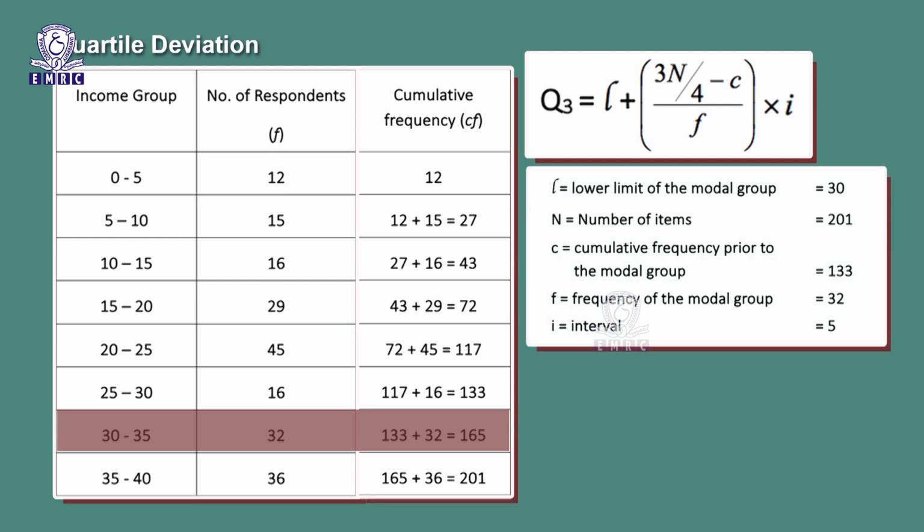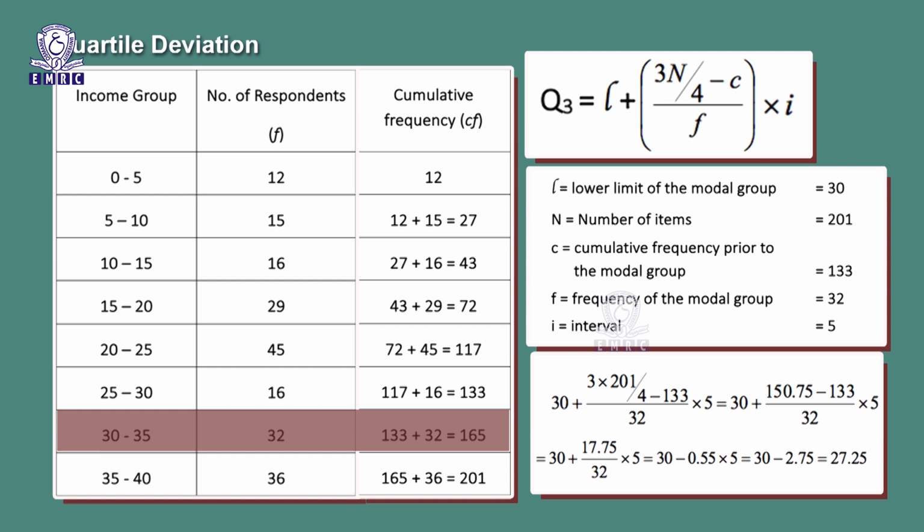where L is equal to lower limit of the model group, which is 30, N is equal to number of items, which is 201, C is equal to cumulative frequency prior to the model group, which is 133, and F is frequency of the model group, which is 32, and I stands for interval, which is 5. Now we have to replicate these numbers in the formula.